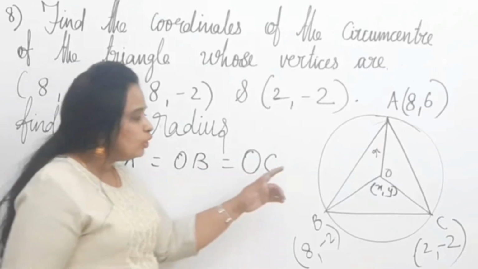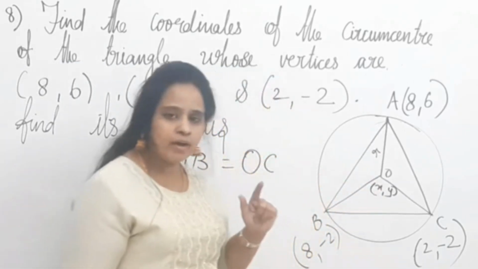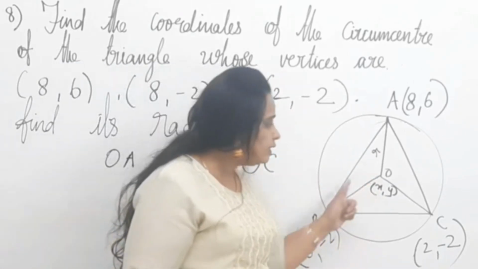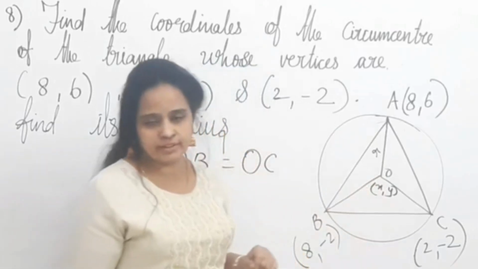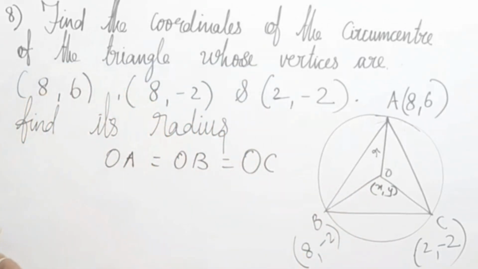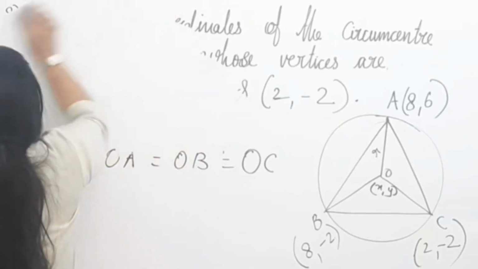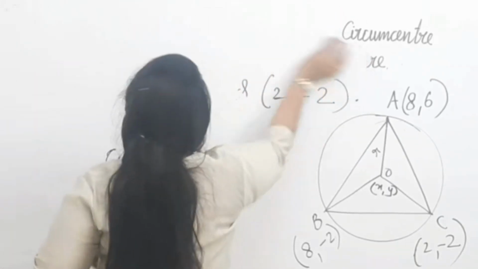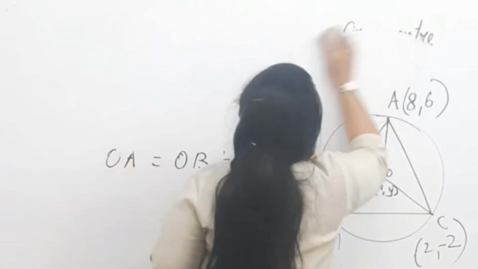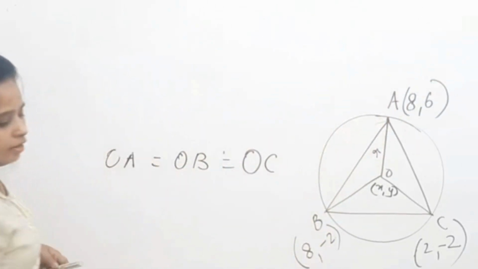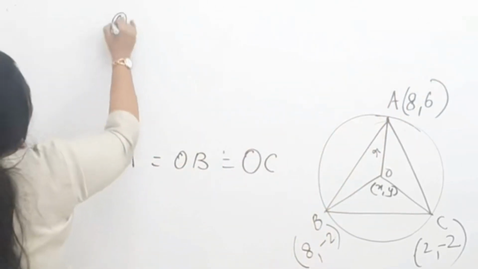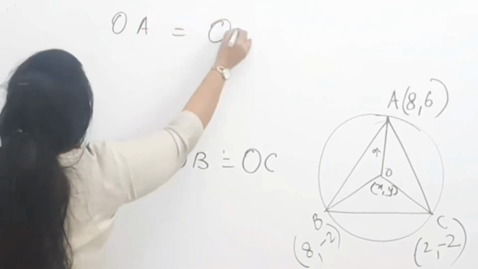Your question is to find the coordinates of O as well as the radius. That's the question here. So shall we go for finding? So OA is equal to OB. Whenever it is equidistant, you will use your formula such that OA is equal to OB.